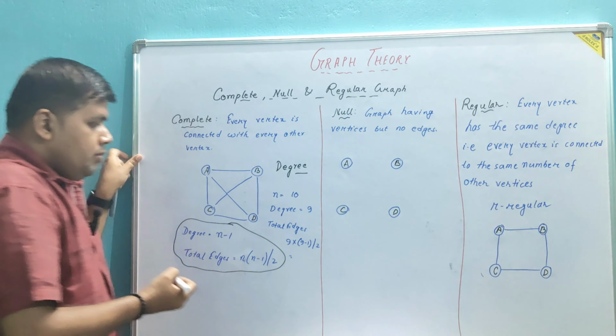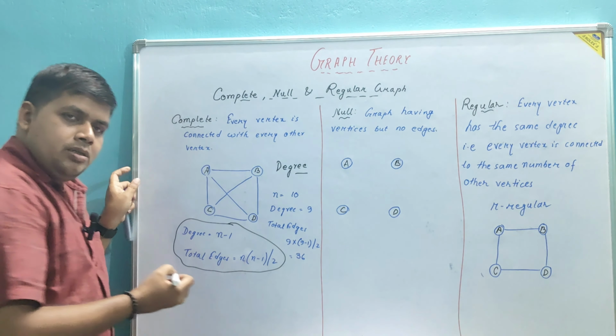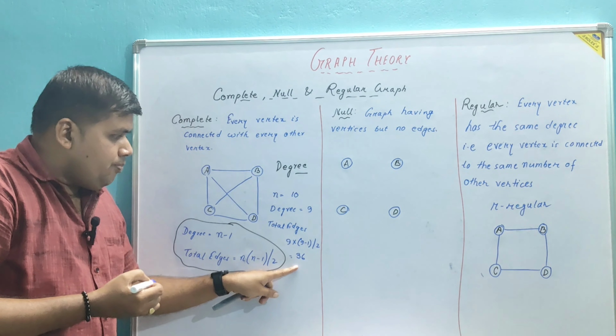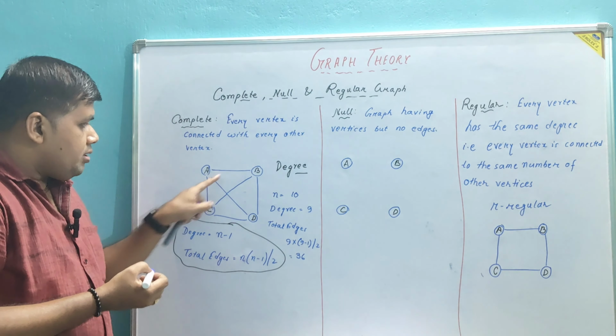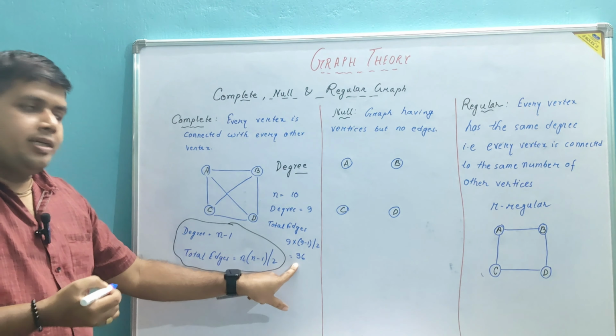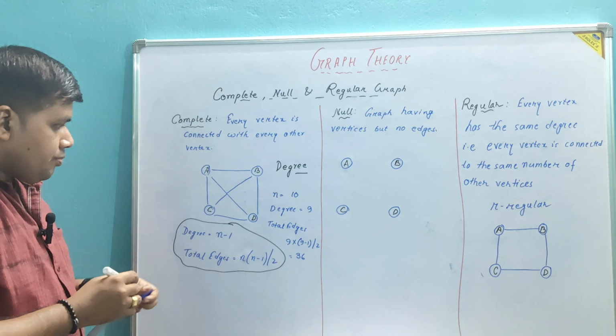That means 45. So there will be 45 total edges. If we sum up all the edges, it will come up to 45 for 10 vertices.